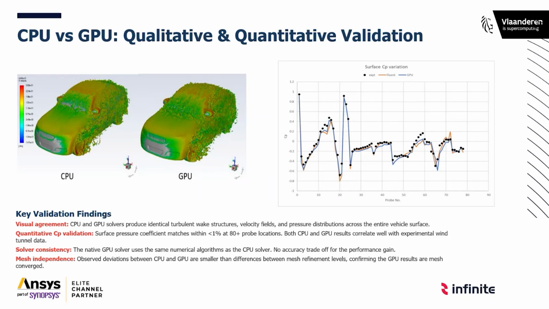But on the right, we also see the quantitative validation, where we looked at the pressure coefficient distribution, and we saw that they're matching very well. And this confirms that there is no accuracy trade-off between CPU and GPU.